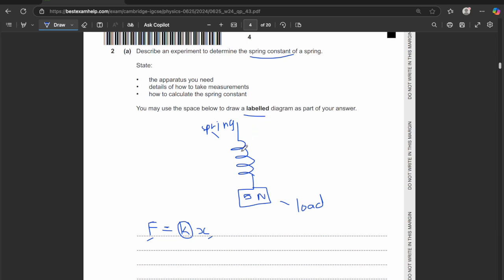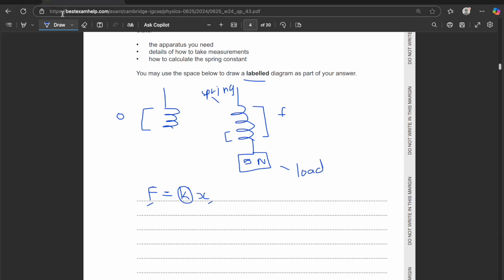After attaching, the spring will be extended; this is the extension. This is the original spring before being attached, with its original length, and this is the final length. You will find the extension between them, and that's one step. And this is the force, which you already know. So you've got these two variables.